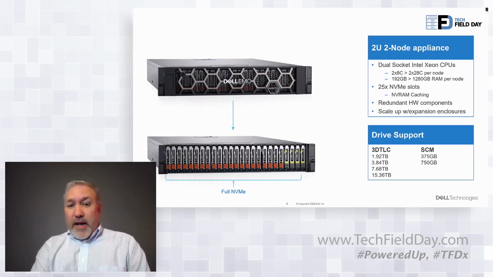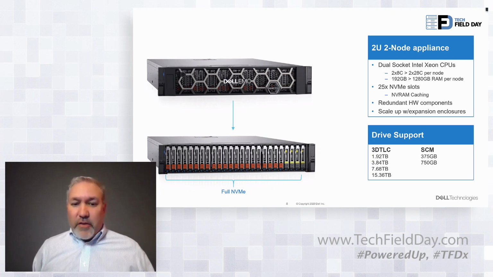The terminology that we use within Dell EMC is base enclosure. That base enclosure is a 2U form factor that has dual controllers, and as Dan mentioned earlier, 25 NVMe connected slots on the front side.